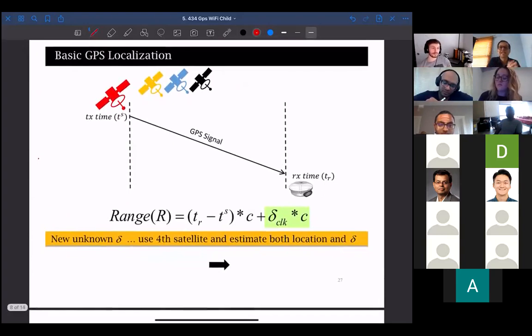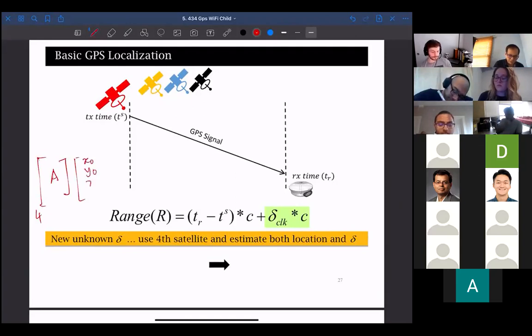I'm going to solve it exactly the same way. In my new formulation, I would still have A, which is 4 satellites, and I would have this new X vector, which is X0, Y0, Z0, and delta T. And that will be my 4 measurements, B1, B2, B3, B4.